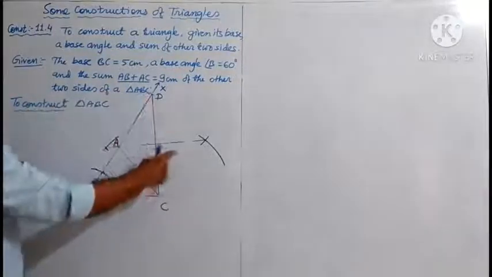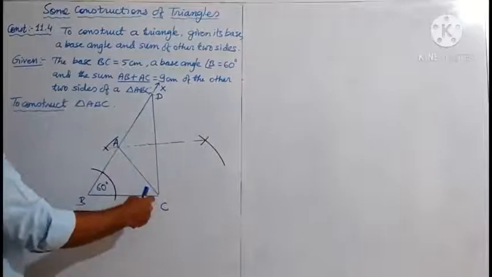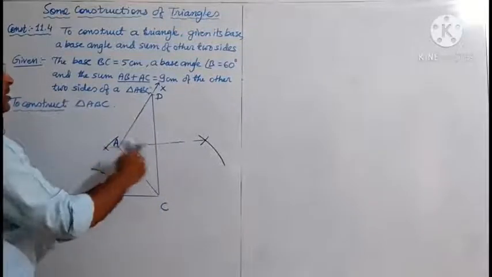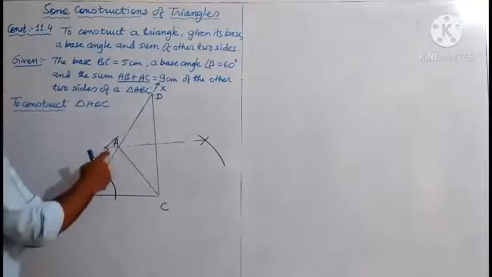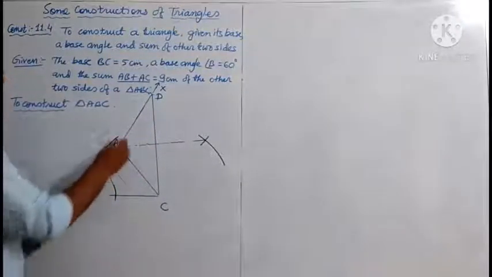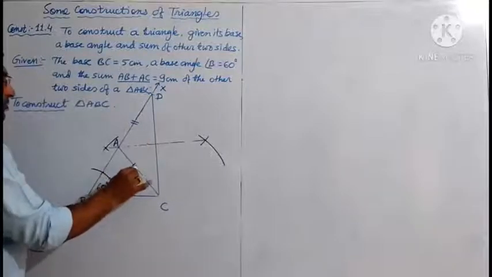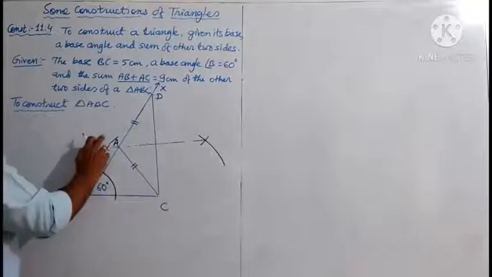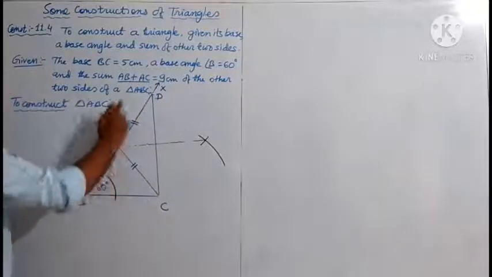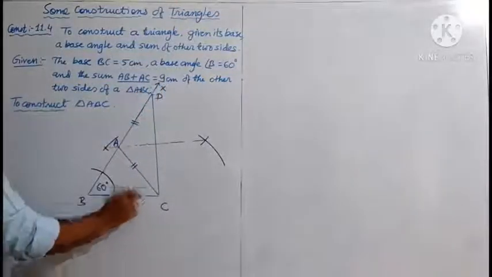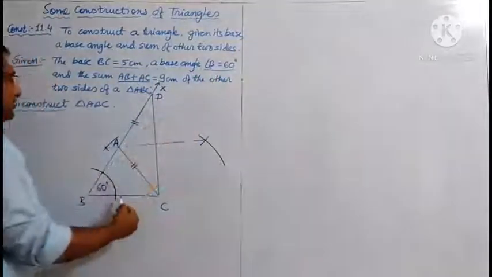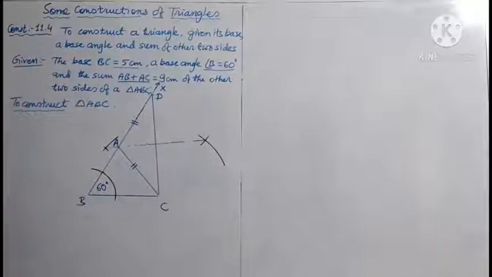And so we have constructed the perpendicular bisector of DC, so that you get the point A, which is a point on the perpendicular bisector and is equidistant from D and C. Therefore BA plus AD is equal to BA plus AC, and thus BA plus AC is equal to 9 centimeter, and BC we have constructed 5 centimeter, and angle B is 60 degree. Thus this triangle ABC is constructed.